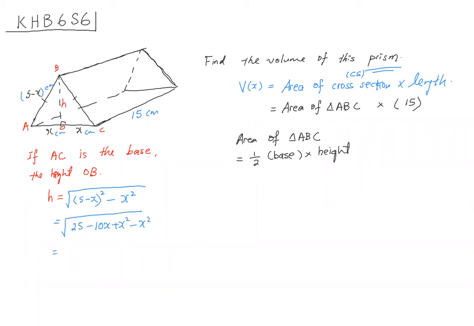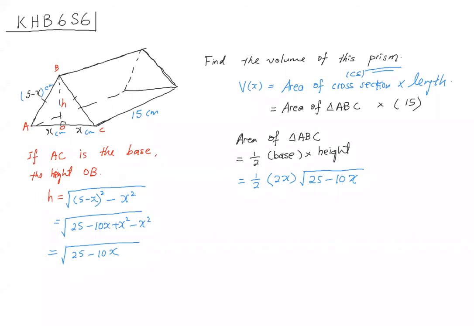So this one will end up to be 25 minus 10x. Right? So the base, I put into here, the base is 2x. The height is square root of 25 minus 10x.